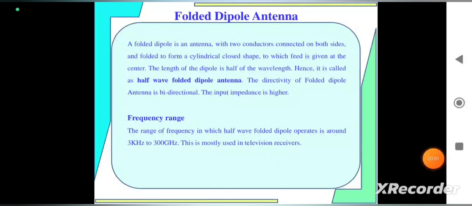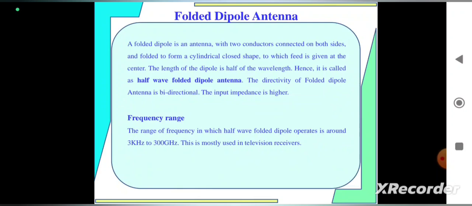Good evening friends. Next topic we are going to see is the folded dipole antenna. In general, what is meant by a dipole antenna? A dipole antenna is also known as a doublet or dipole aerial. It is defined as a type of radio frequency antenna consisting of two conductive elements such as rods or wires.